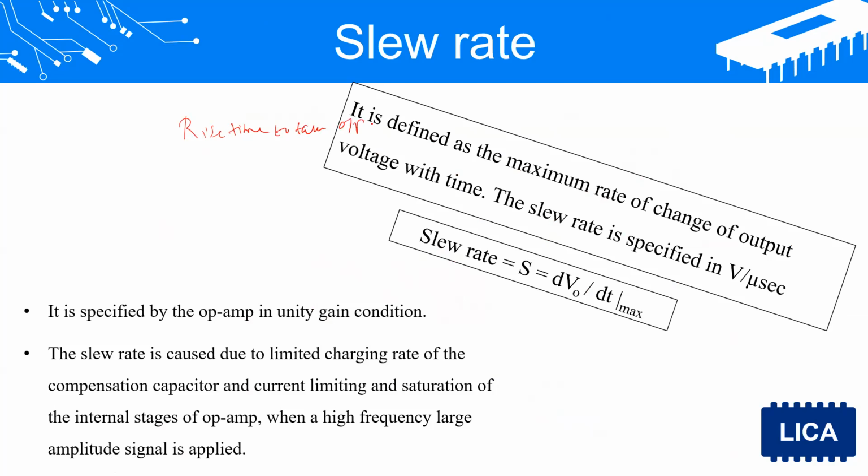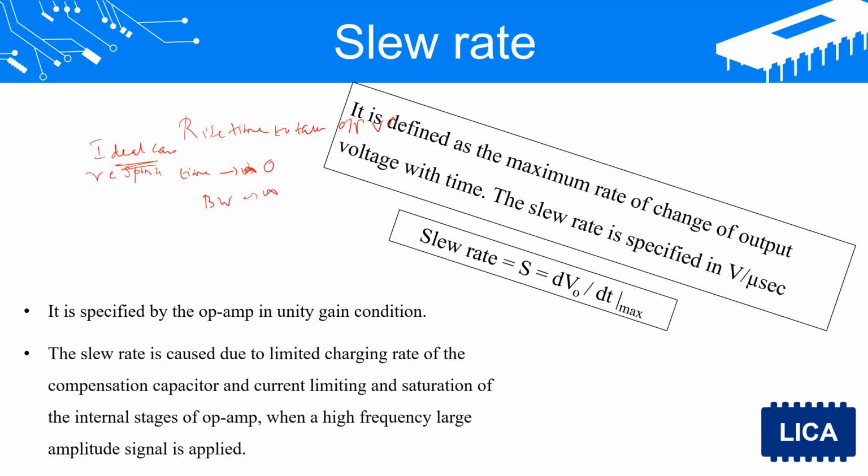For the ideal case, response time is 0. Sorry, 0, not infinity, 0. Response time 0, bandwidth will be infinity. Instantaneously, the output voltage responds to a change in input.